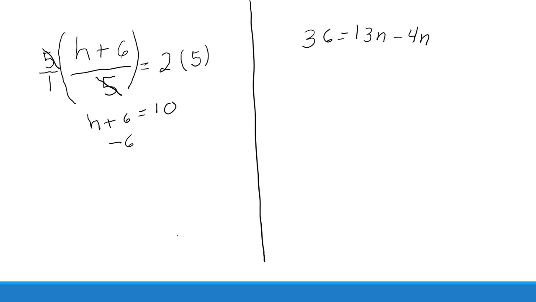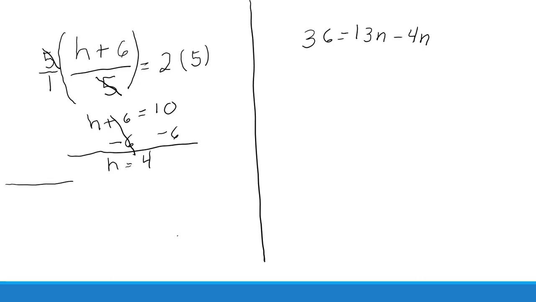I will subtract 6 from both sides so that I have my variable on one side and my constants on the other. The 6's cancel. H is equal to 4 because the greater absolute value is 10 and it's positive.